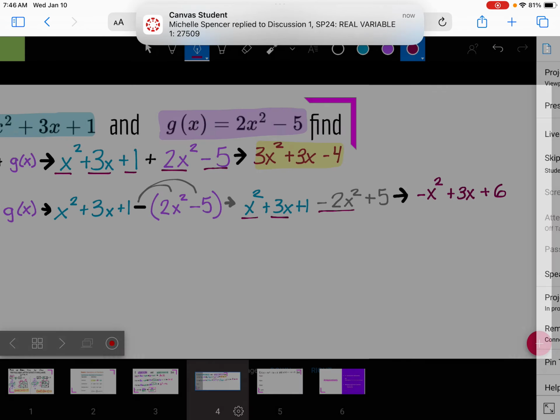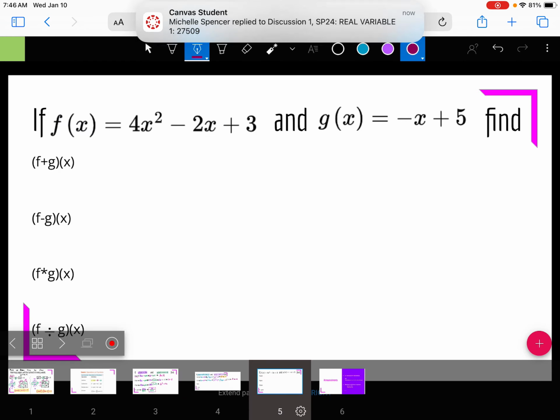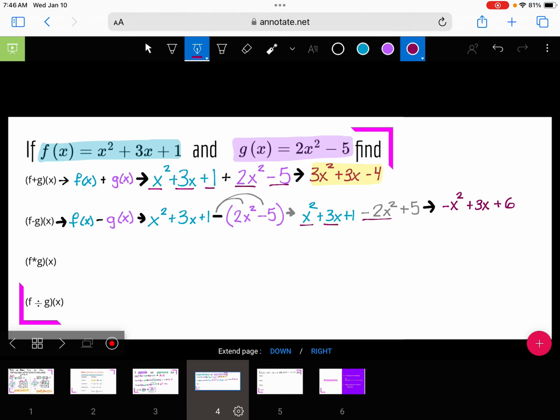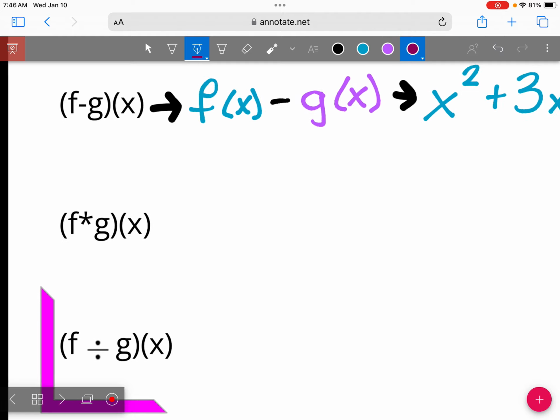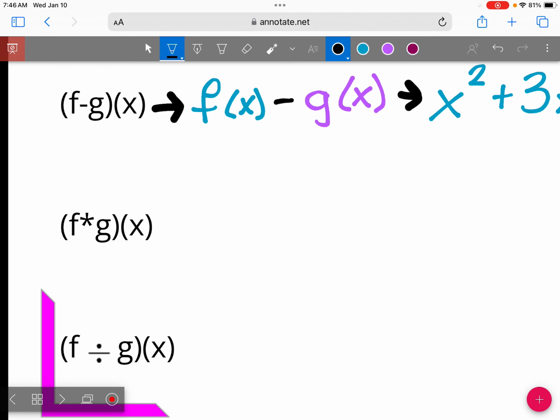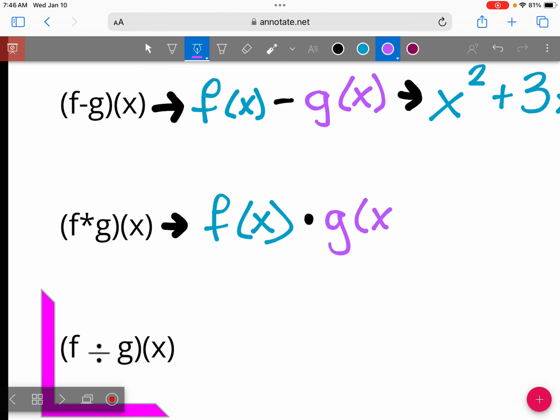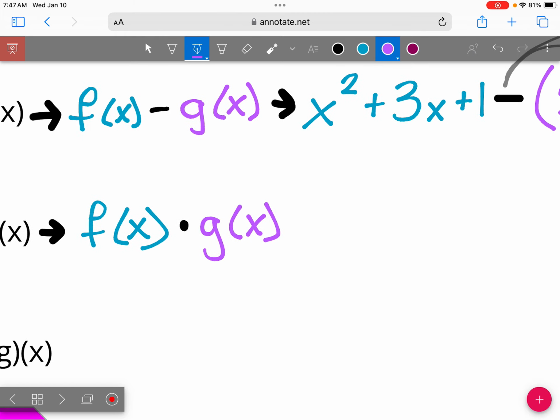Okay, so then we're going to set up the multiplication one. Zooming it again so we can actually see. We're going to do our f of x times g of x. And yes, we are going to multiply the whole thing out.